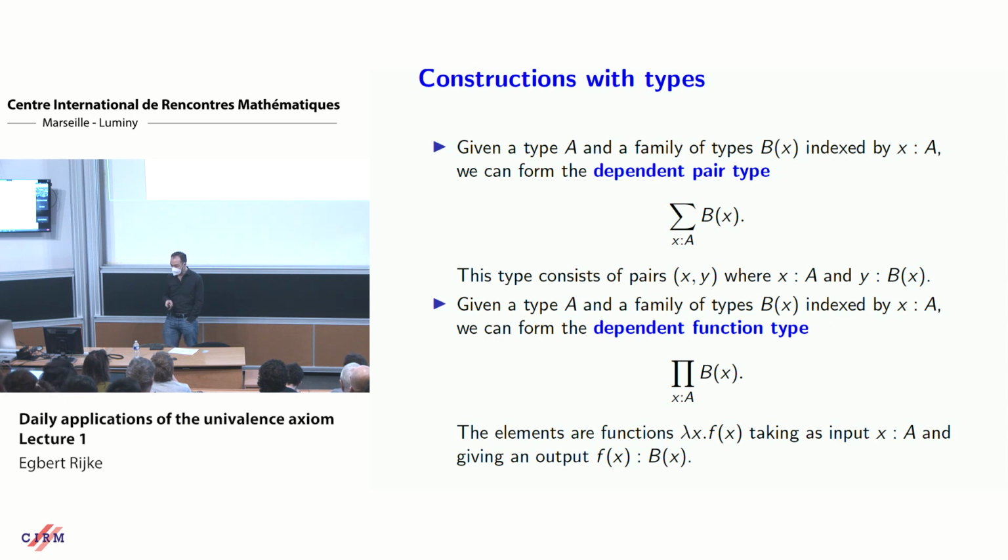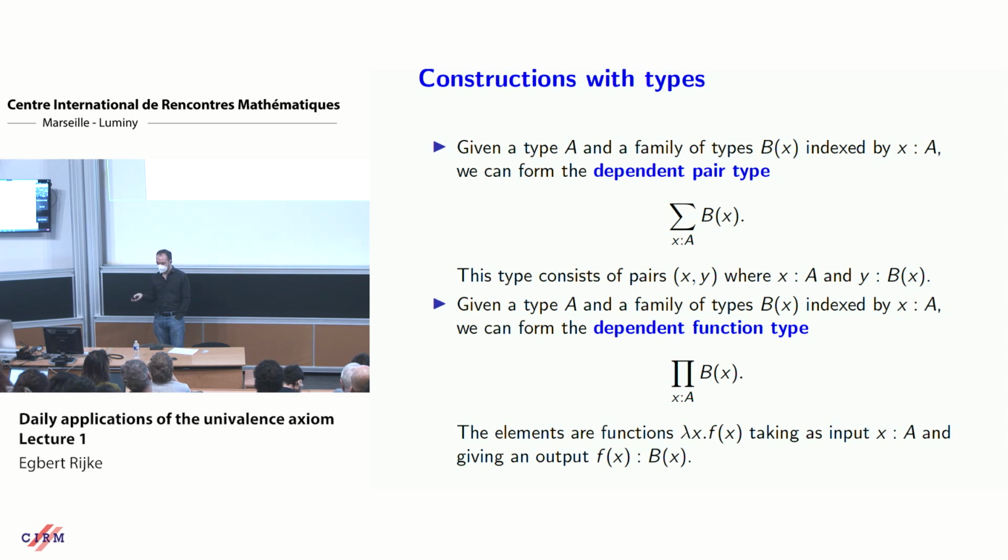If you have a dependent type, then you can consider the type of all the pairs where the first element of the pair x is an element in your first type, in your base type A, and the second element is an element in the family B of x.